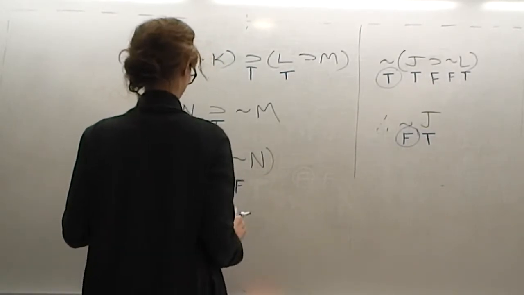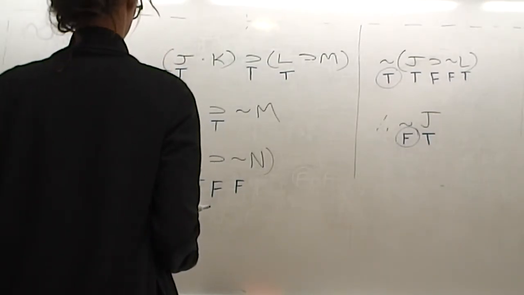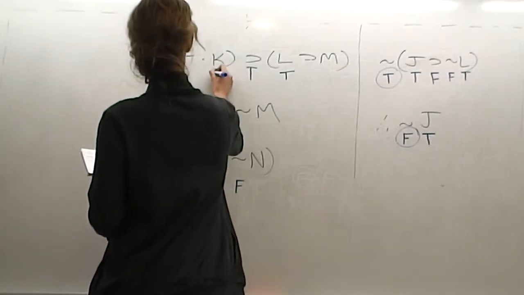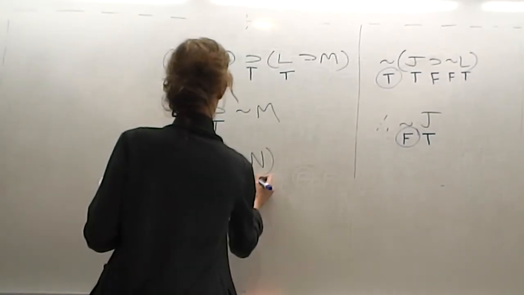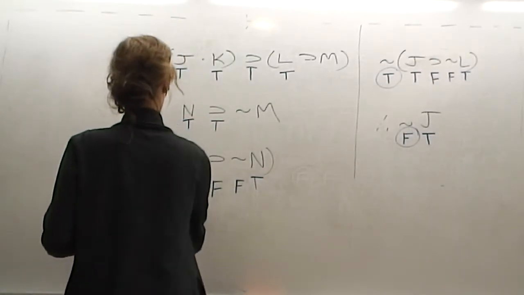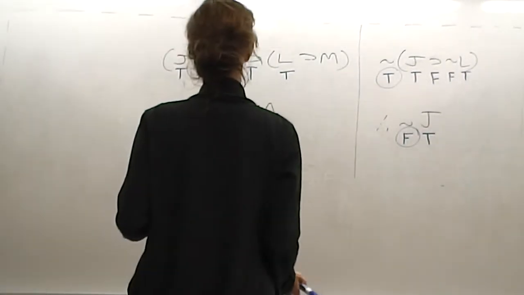Because at this point, that's what we know, that the antecedent K has to be true and the consequent curl has to be false. And then we determine that the N has to be true. And we're going to circle, there you go. And she's transferring the truth value T to the other end.